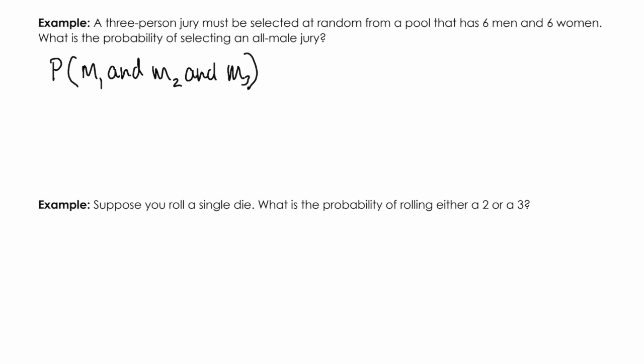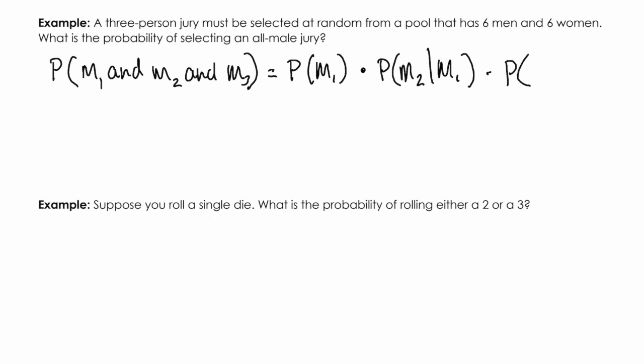If I pick a man the first time, then the chances of picking a man has changed again, because now it's out of 11 people rather than out of 12. So I want to find the probability of getting a male on the first try, and then multiply it by the probability of getting a man on the second try, given that we had a man on the first try.